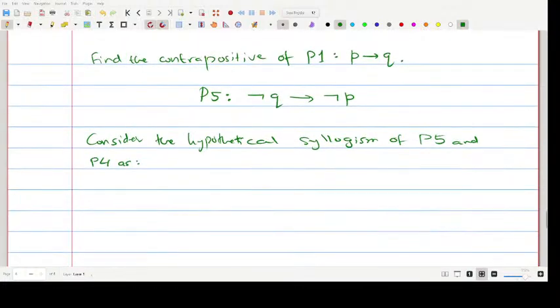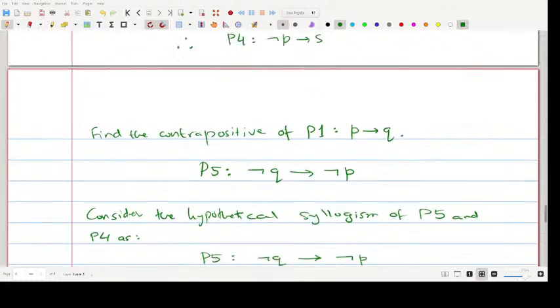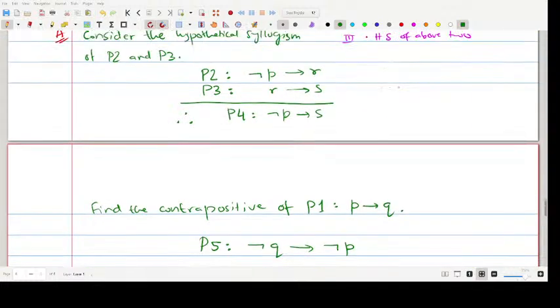Let's write down P5 first. P5 is negation of Q implies negation of P. And what does P4 say? Look at the middle of the screen.